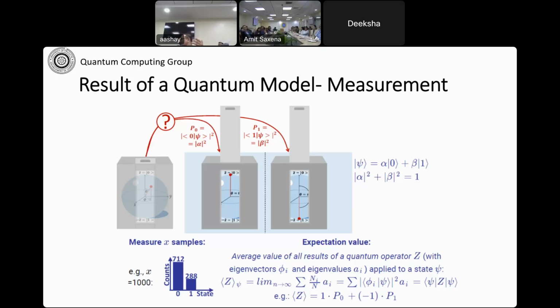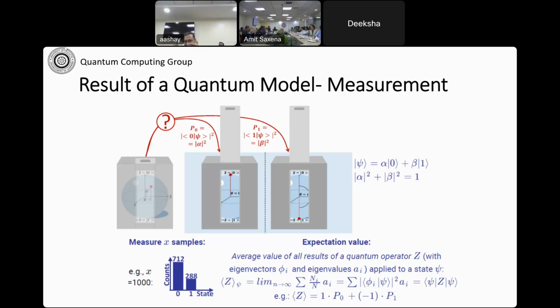If you see a basis state there, Z, the basis state of Z has eigenvalues plus 1 and minus 1, weighted by p0 and p1. So this is actually the probability of getting 0 or getting 1 in the particular distribution.